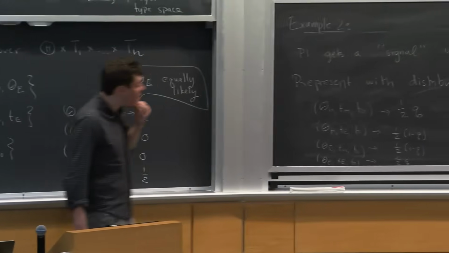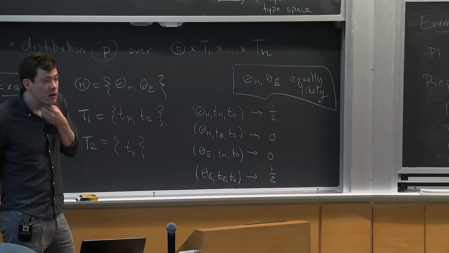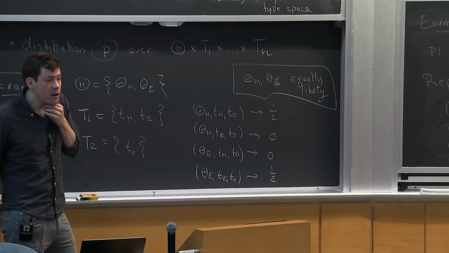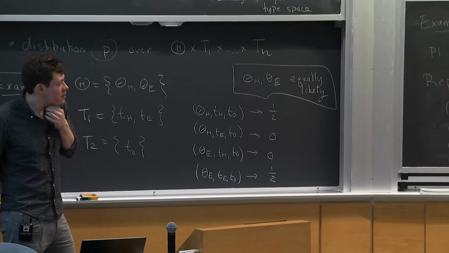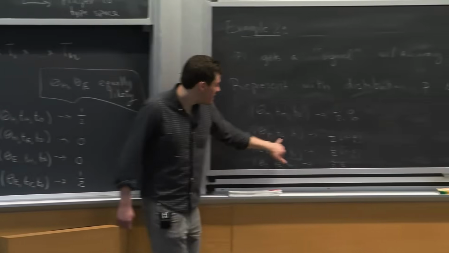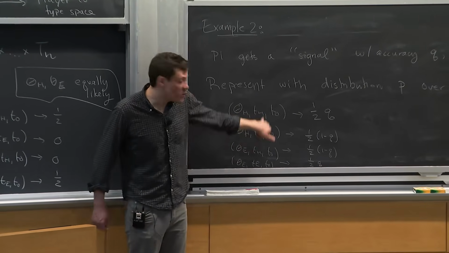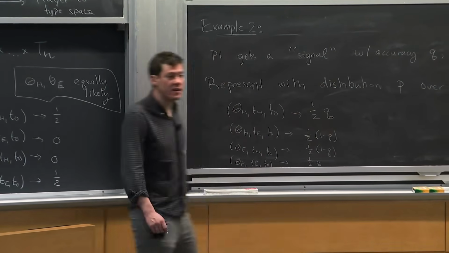What if q goes to a half? Then the theta H pairs and the theta E pairs are each going to be approximately 1/4. Basically everything's a fourth, because now your signal doesn't really give you any information. If the project is actually hard, you're equally likely to get these two signals, and everything is going to be 1/4.